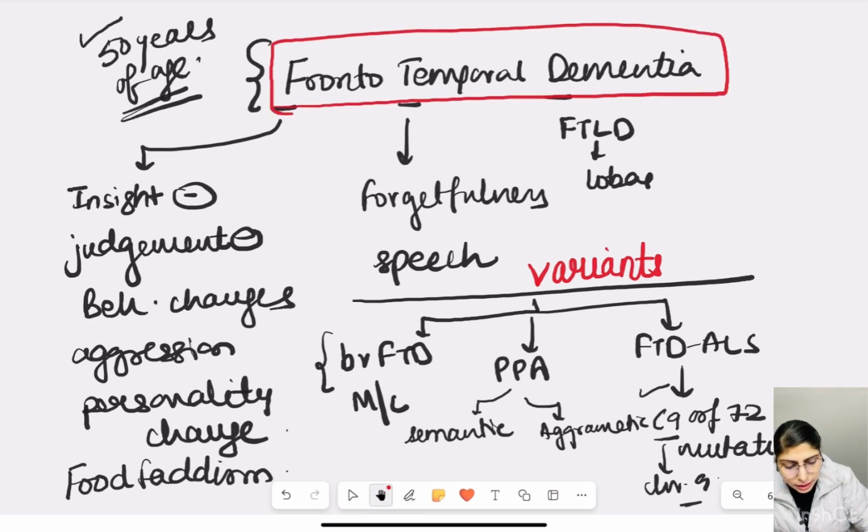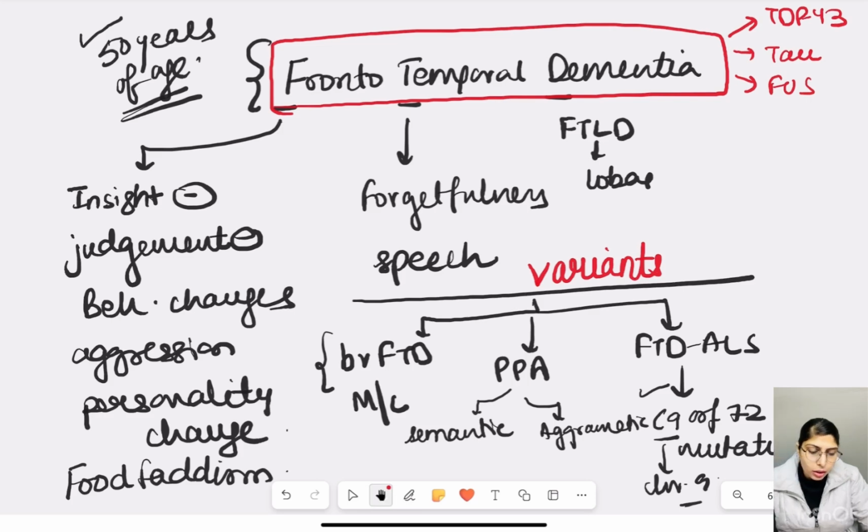FTD and Alzheimer's are among the most common dementias. The pathological bodies involved in FTD are TDP43, then we have tau, and we have FUS, fused in sarcoma protein, right?